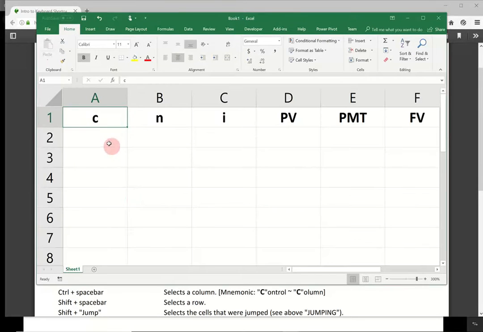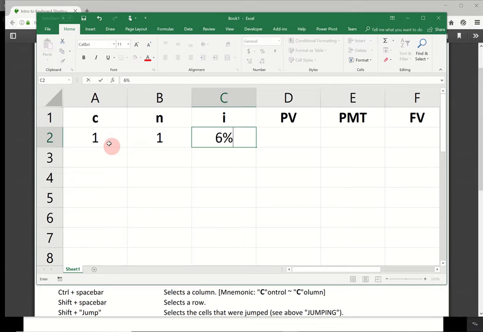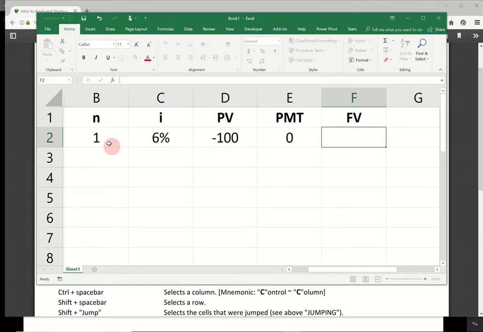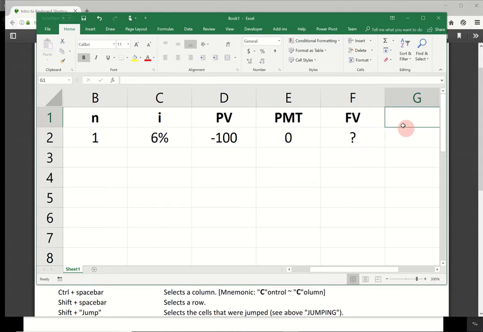Okay, and so we always start with annual compounding, and here it's just 1 year, 6% interest. Well, the present value is minus 100. The annuity amount is 0, and then the future value is what we're trying to calculate, right?